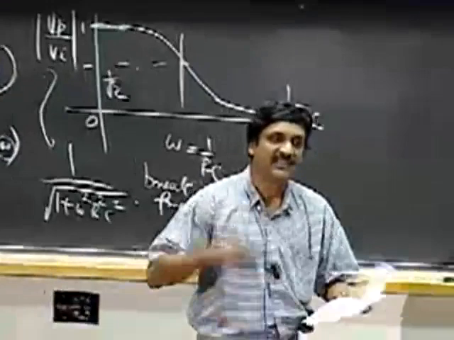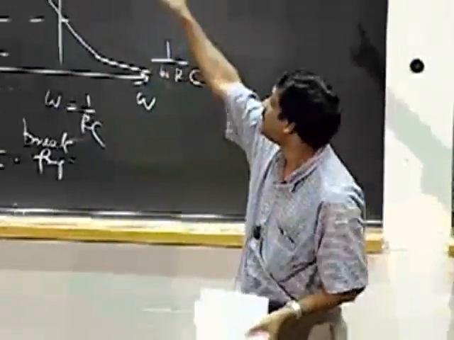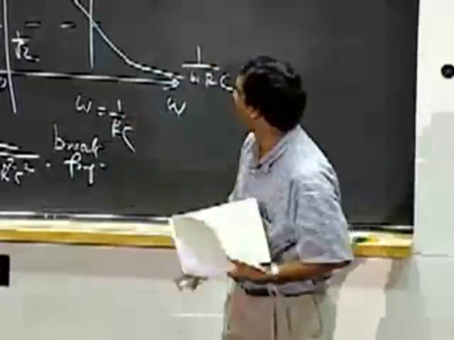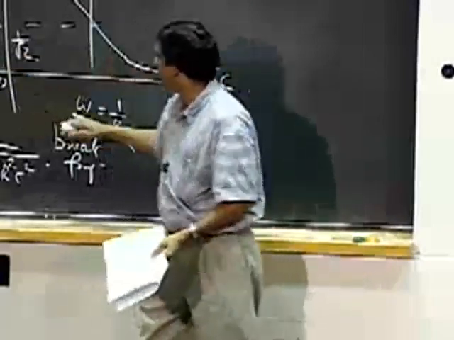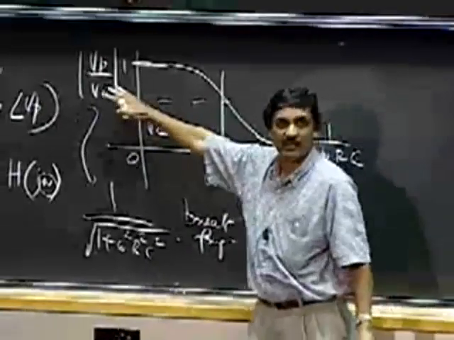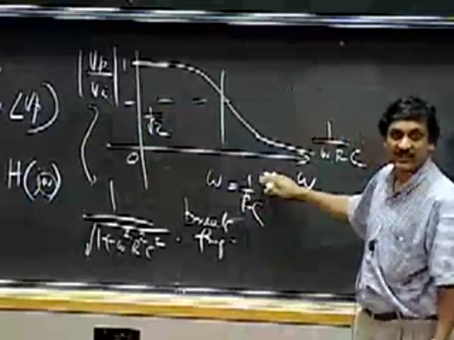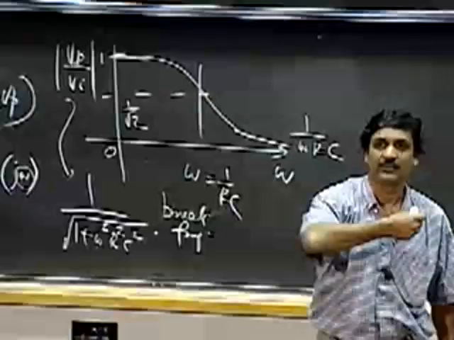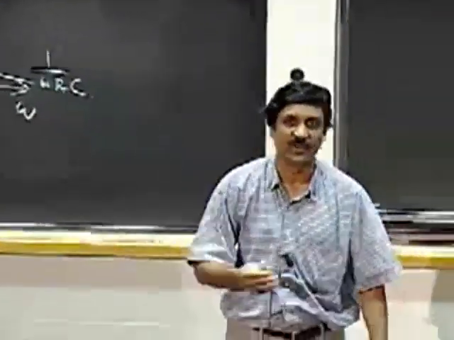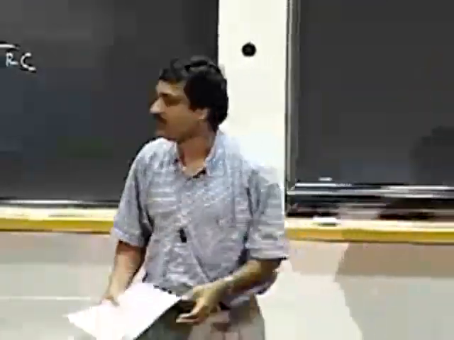What we've done is apply a bunch of sinusoids to the same circuit and plot the frequency response, the ratio of the output versus input as a function of frequency, and keep applying a variety of frequencies. You can listen to the frequencies as they go by, and we'll plot the amplitude up on the screen for you.